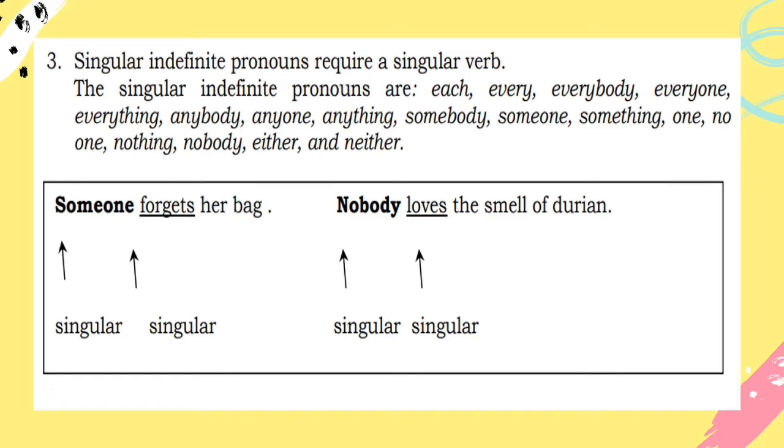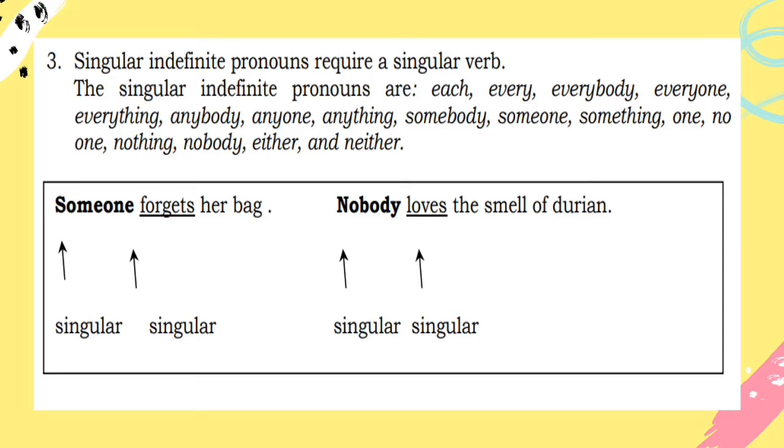Let's see the examples. Someone forgets her bag. Someone is a singular indefinite pronoun, so it requires a singular verb. So, someone forgets.